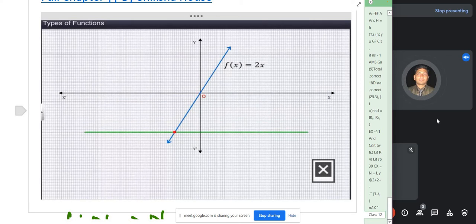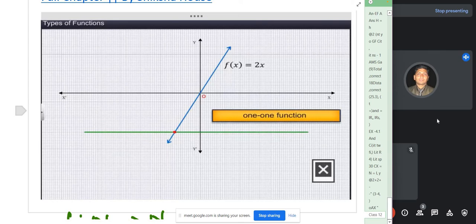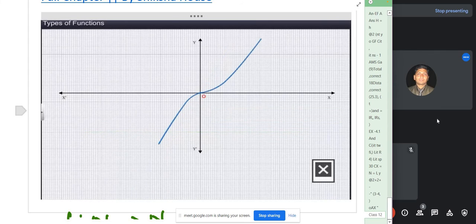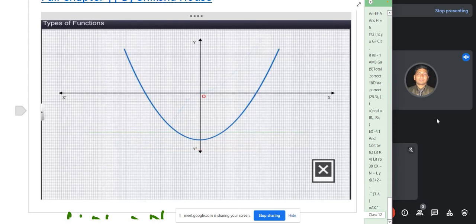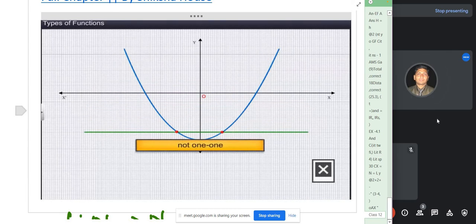Such types of functions are known as 1-1 functions. In this graph also, the horizontal line is intersecting the graph at only one place. Hence, the function is 1-1. In cases where the line cuts the graph of a function at more than one place, the functions are not 1-1. This diagram shows the graph of a function that is not 1-1.